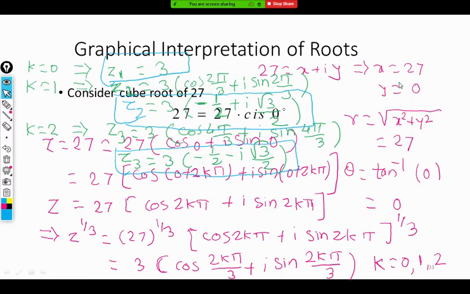So we replace k by 0, 1 and 2 to get all 3 roots for the cube root of 27. Once you finish, tell me, and I will show you the graph of these 3 roots. There is a graphical interpretation we have to see for the roots of a complex number.